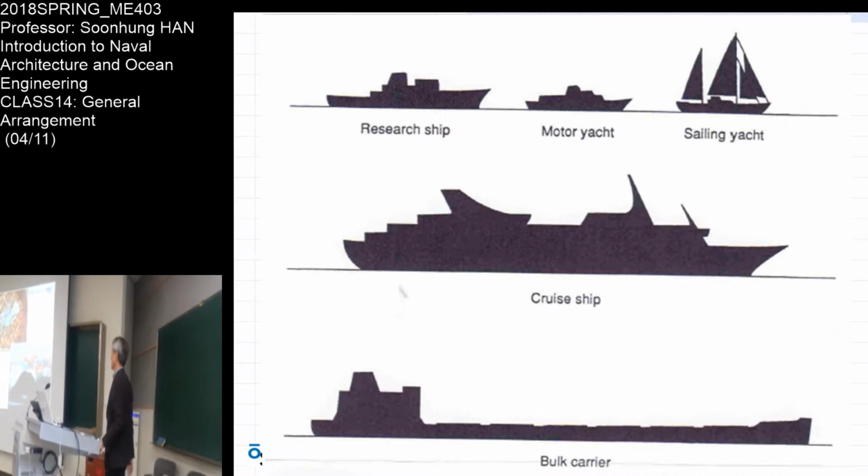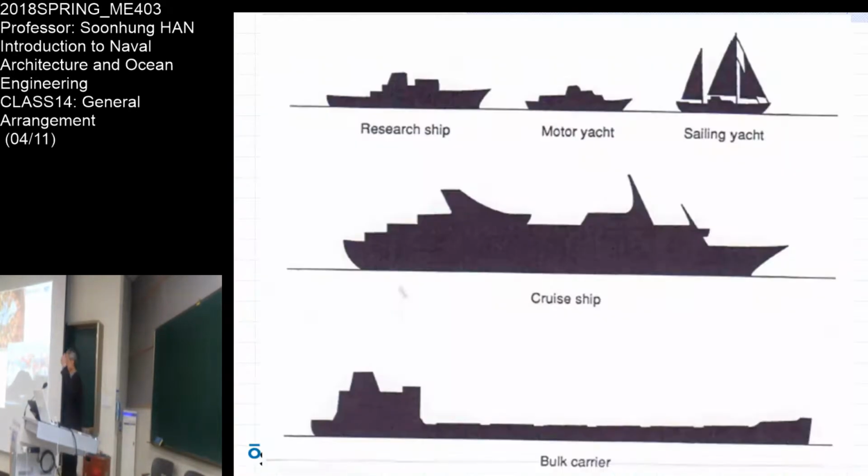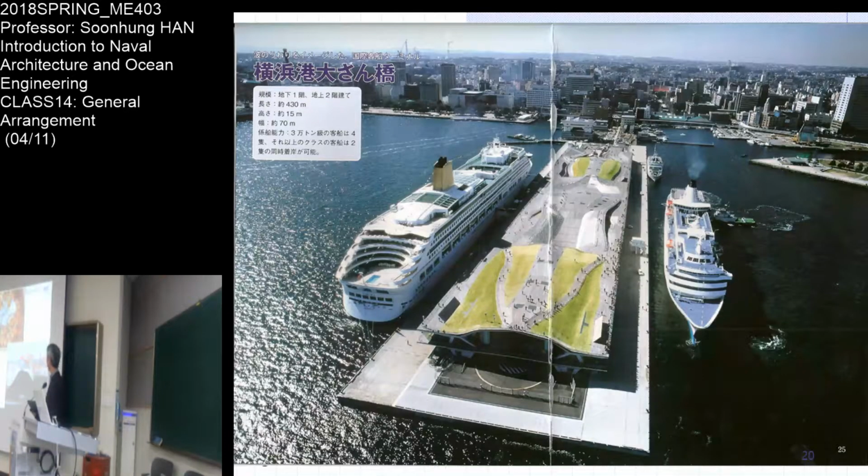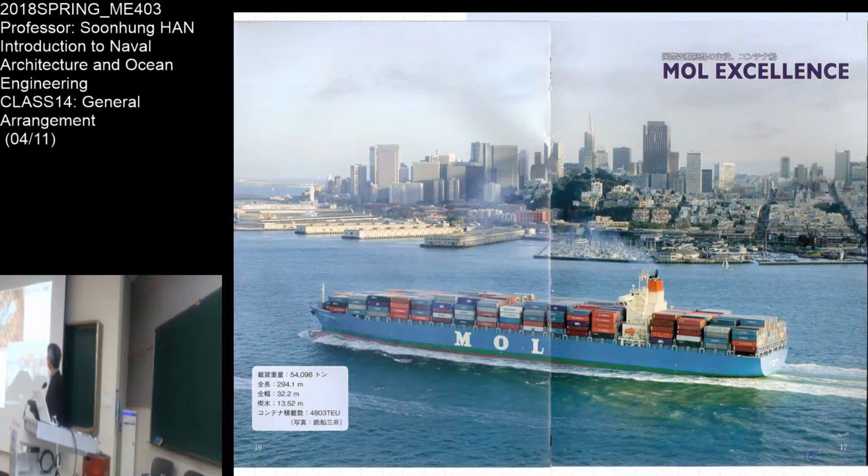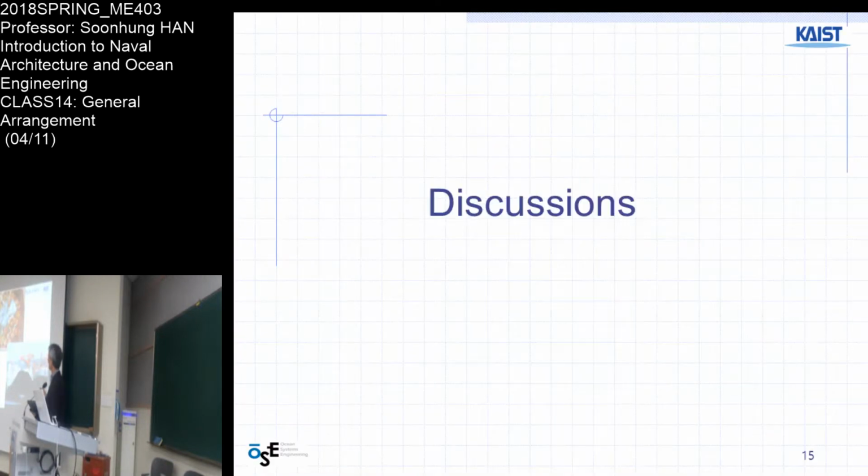This one, I just included new, is the bulk carrier. Right. This is a snack you can buy from the supermarket, but you cannot buy one piece, right? You can buy it as a bulk.